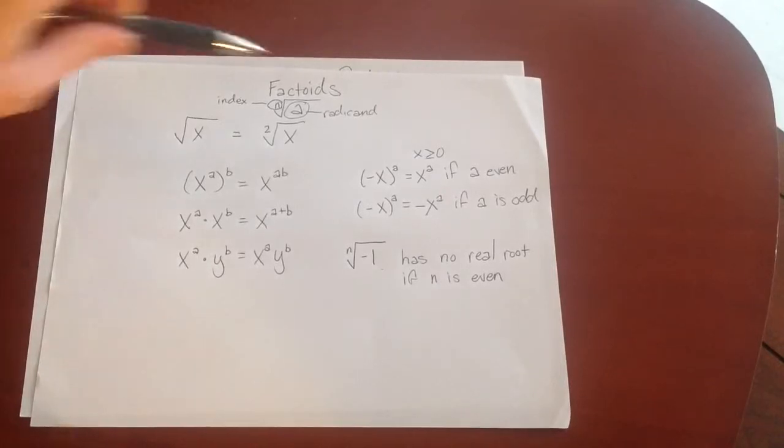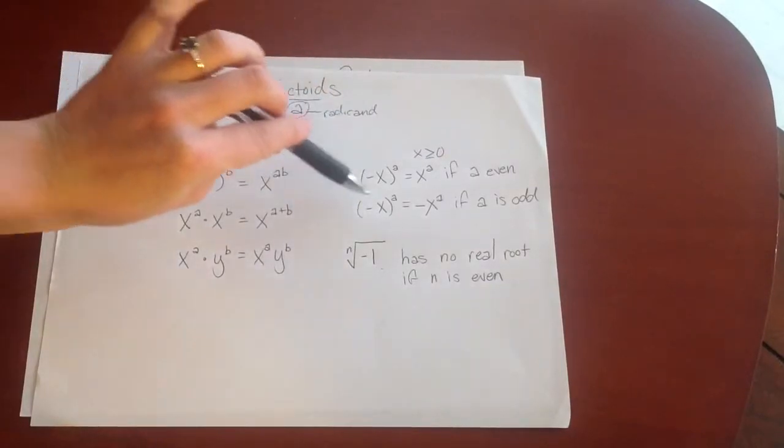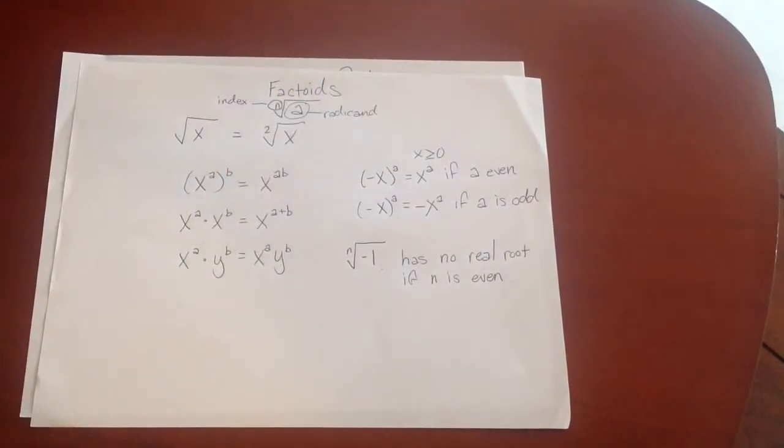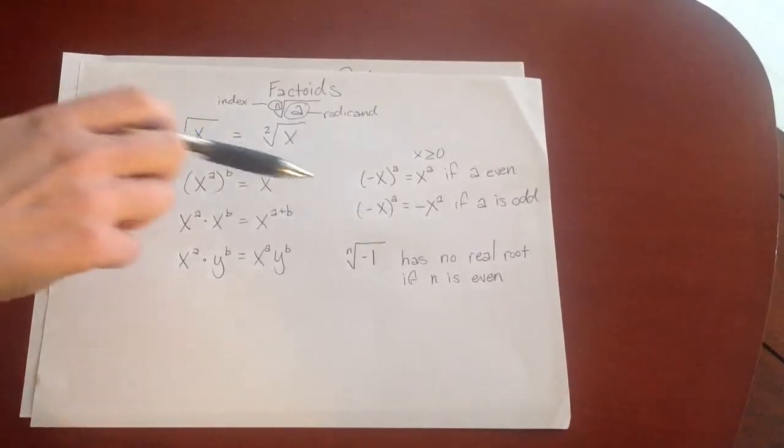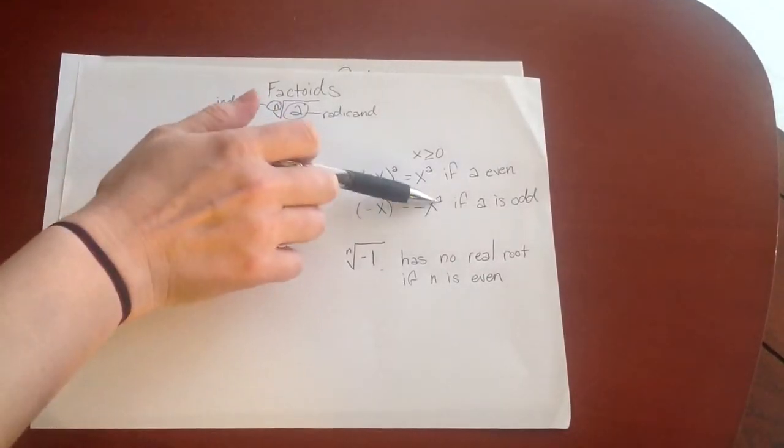Now, if x is bigger than 0, and we look at negative x raised to a power a, if a is even, that negative disappears. If we multiply a negative by a negative, it becomes positive. So if we do that an even amount of times, it also cancels out. However, if I multiply by another negative, it will become negative again. So that would be a cubed, and that happens for anything that is to an odd power.